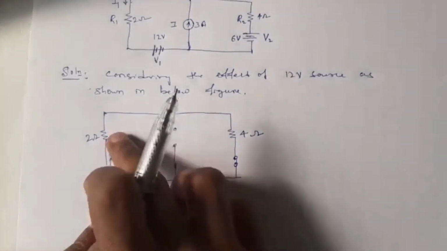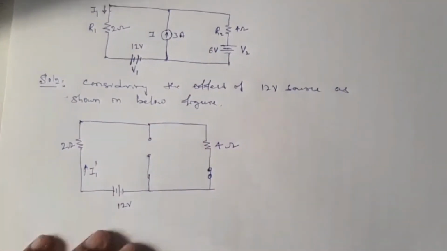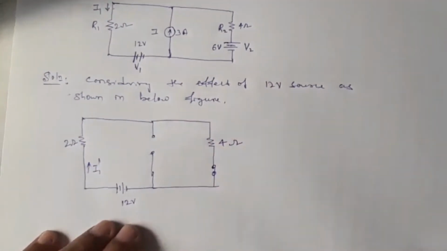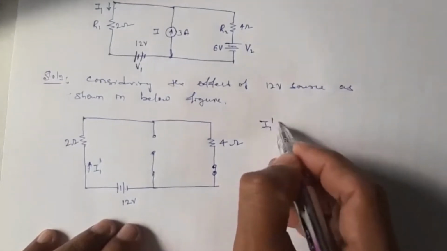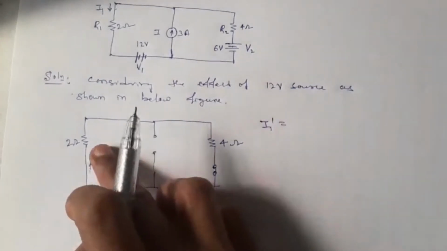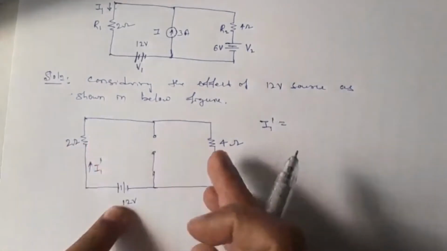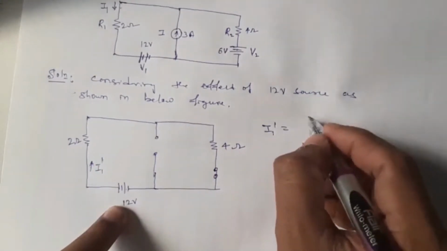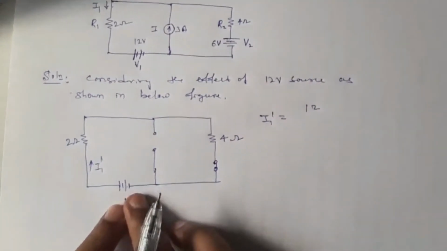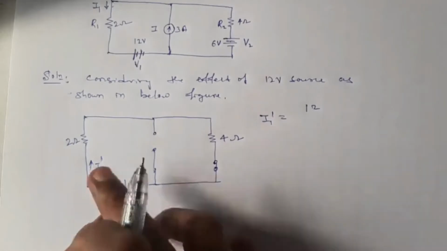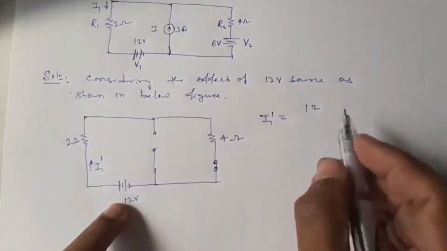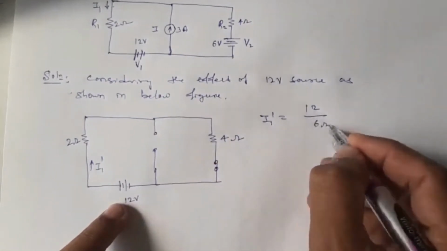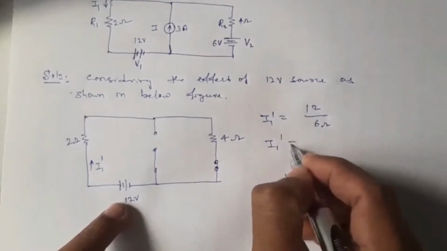It is simple. Using Ohm's law, I1 dash is equal to 12 divided by R1 plus R2, which is 2 plus 4. The voltage is 12 volts and the resistance is 6 ohm, so 12 divided by 6 ohm. I1 dash is equal to 2 ampere.